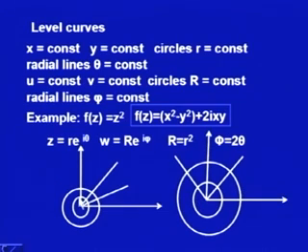So, that is how circles are mapping to circles and radial lines are mapping to radial lines. Circles are mapping to circles, but the radii are changing, and similarly radial lines are mapping to radial lines, but their slopes are changing. So, that is how under this transformation these level curves, circles and radial lines, will map to circles and radial lines in the W plane.